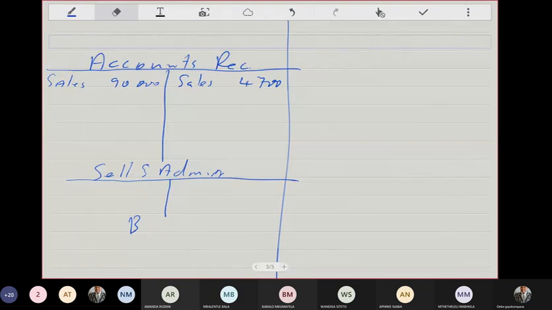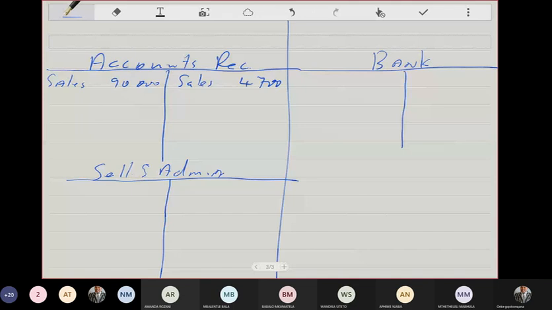Let me open up the bank account on the other side. So we've got this selling and admin of 6,200 there. And you come to the bank. Selling and admin 6,200.